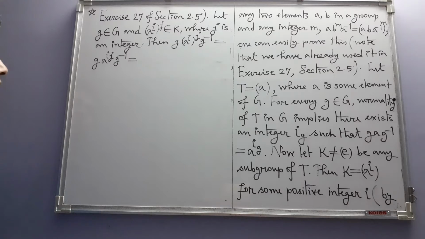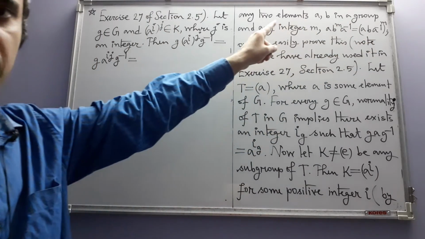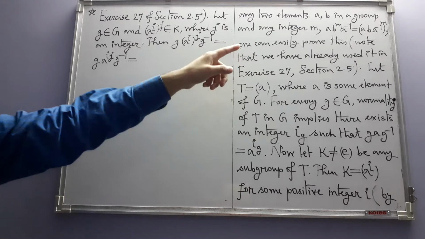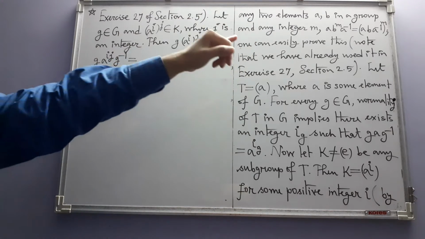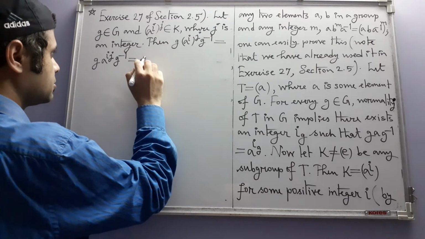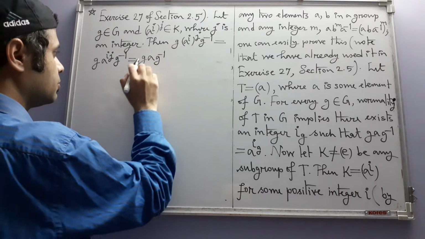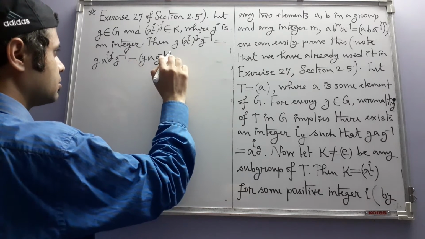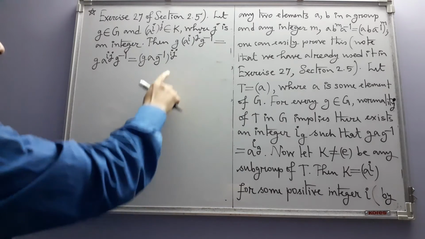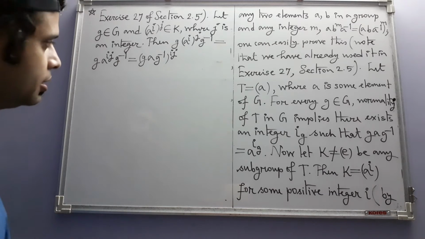Next we are going to use this identity with ij in place of m, g in place of a and a in place of b. So this identity gives us g inverse whole to the power ij. Note that i and j are integers, so ij is also an integer.